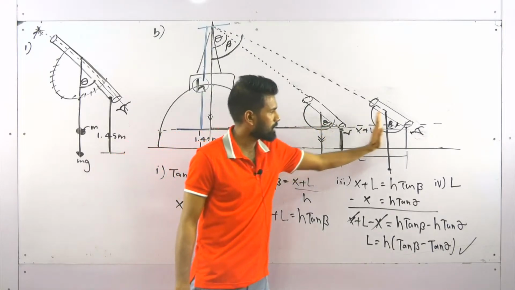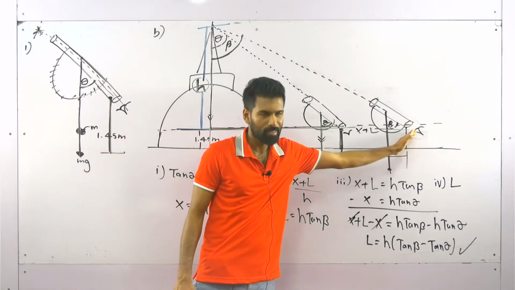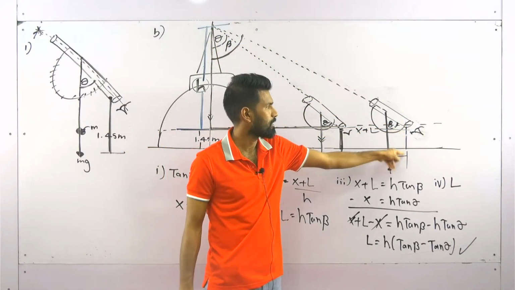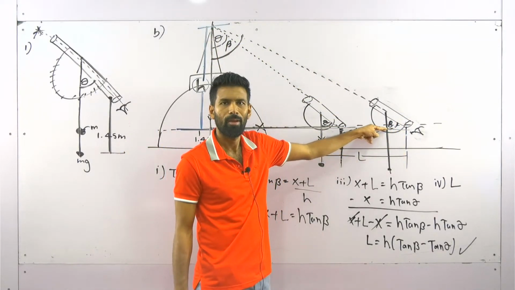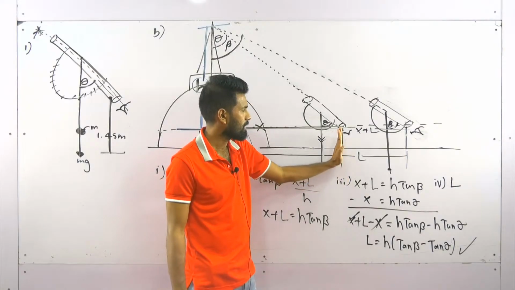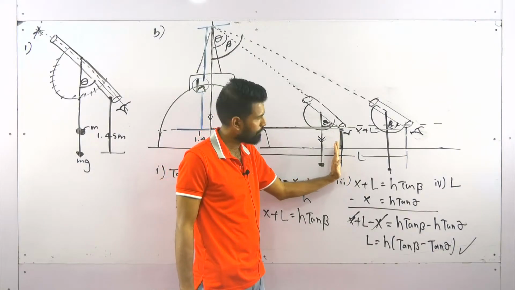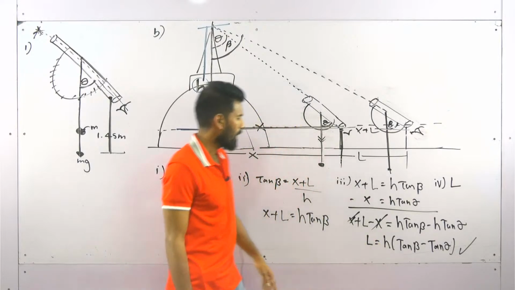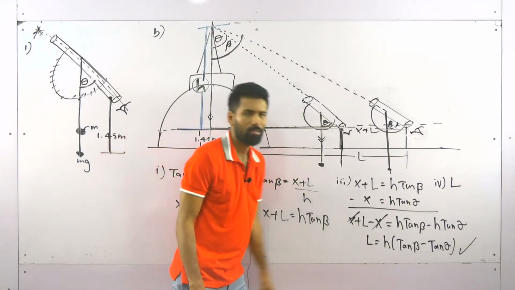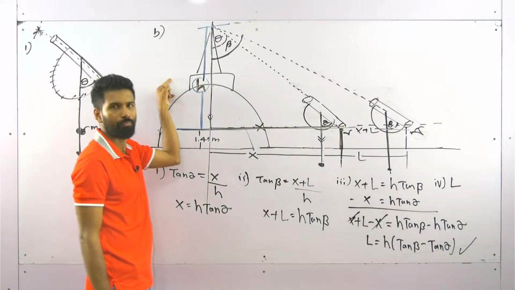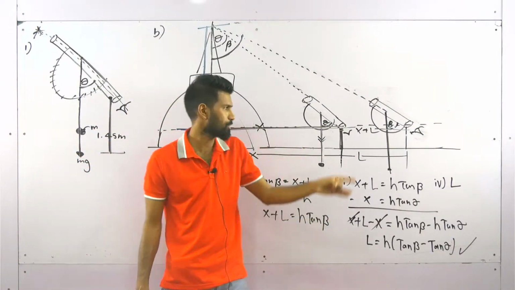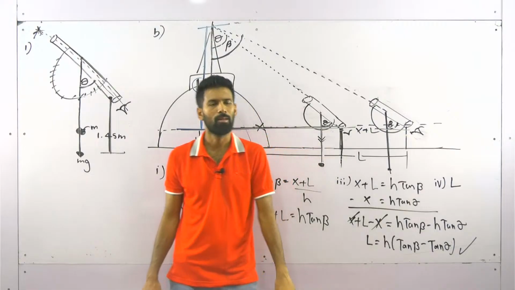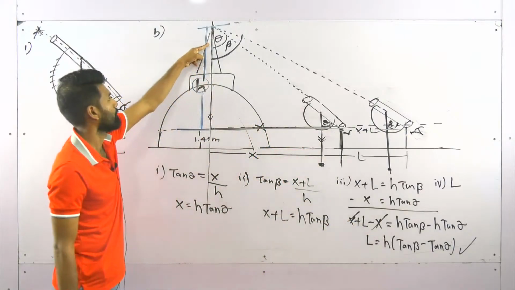Push it more backward to a position like this. Again, observe the same highest point. Measure this angle beta and calculate the distance that you moved the inclinometer backward, L. Substitute in this equation and you will get the height h. So it's a good technique. Two angles measured through the instrument and the distance L you push the inclinometer backward, and you will get the height h.